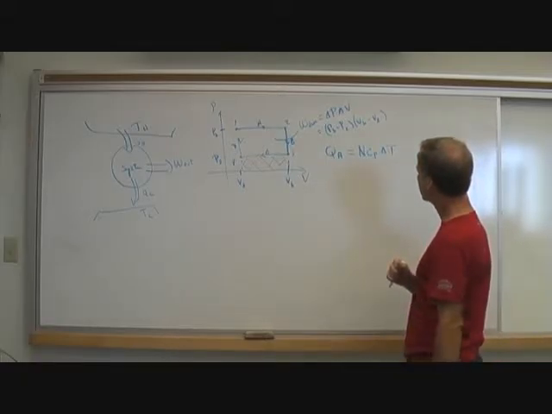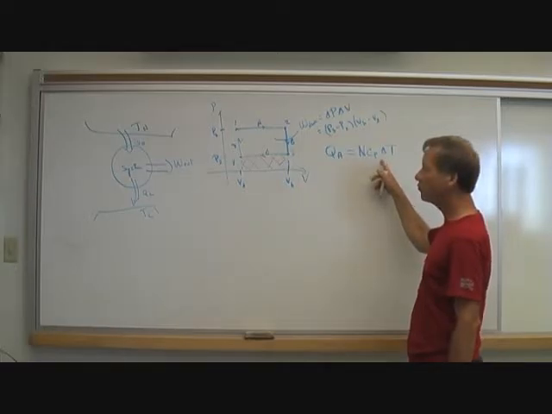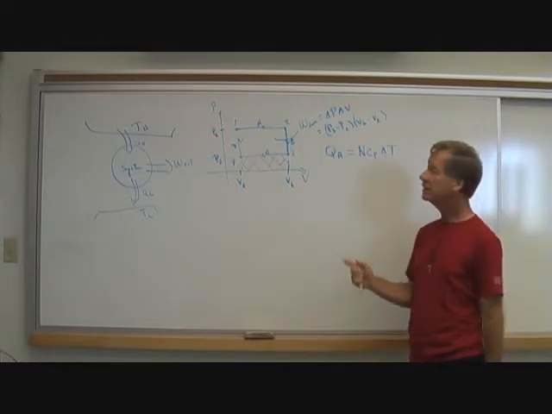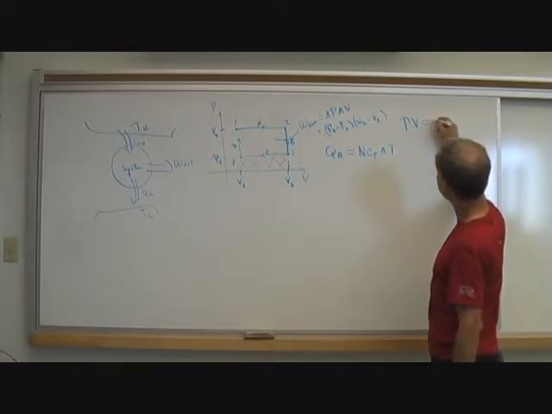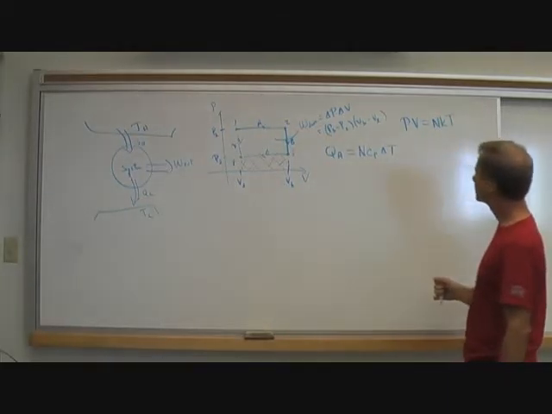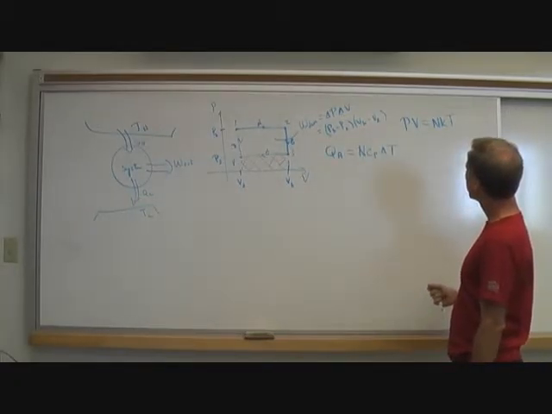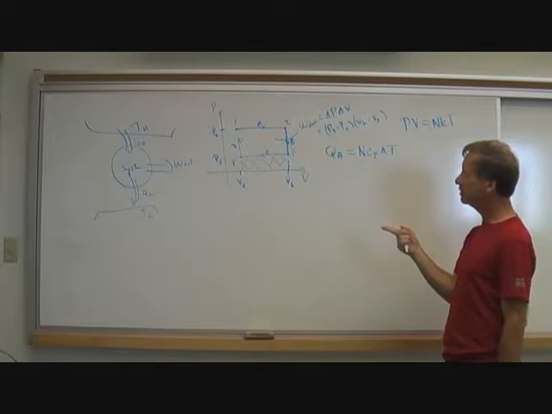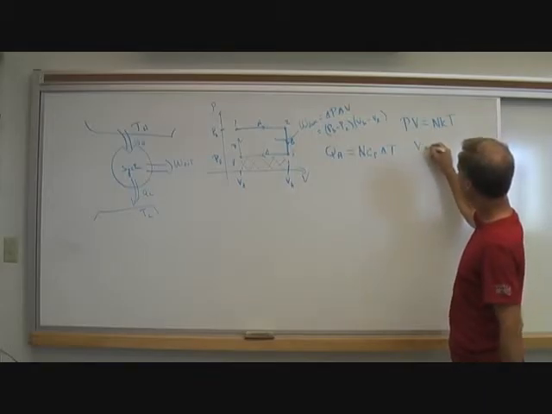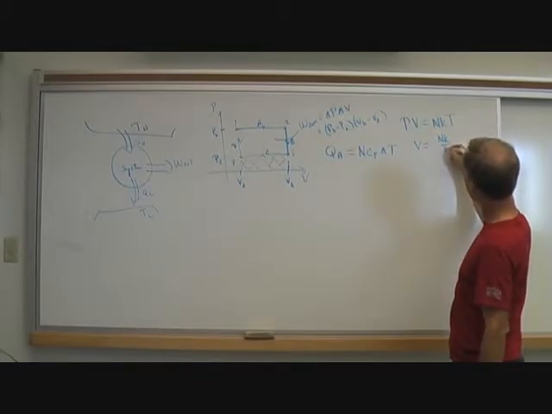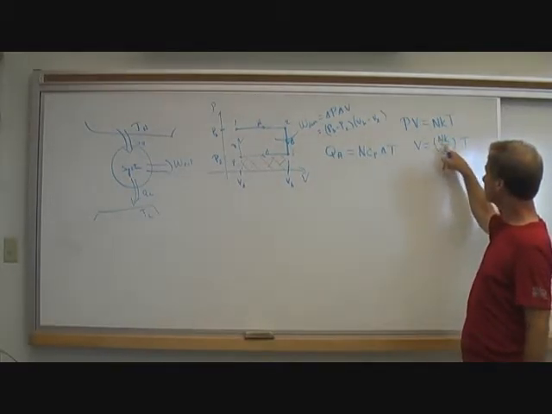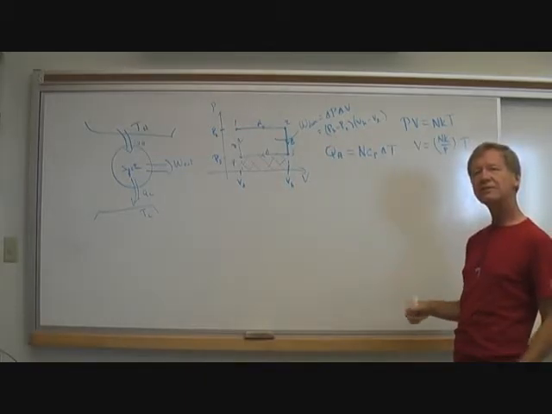So what I want to do is change this delta T into something that has to do with pressures and volumes. The ideal gas law, PV equals NkT, is going to come to save me. Well, remember, this is a constant pressure process, so V equals Nk over P times T. So this parentheses, all that stuff, is a constant.